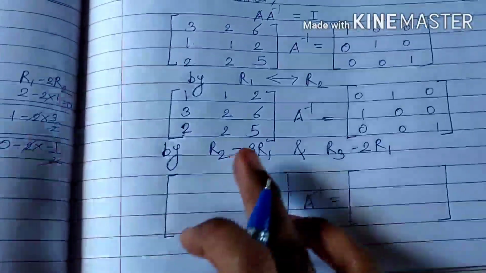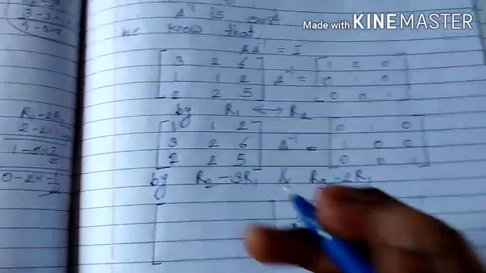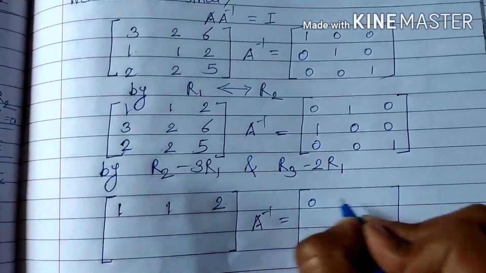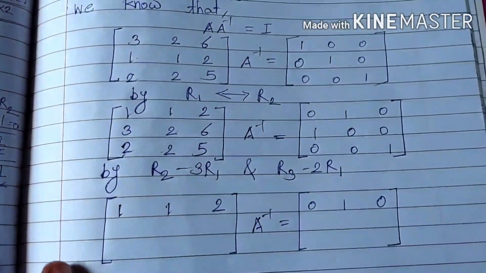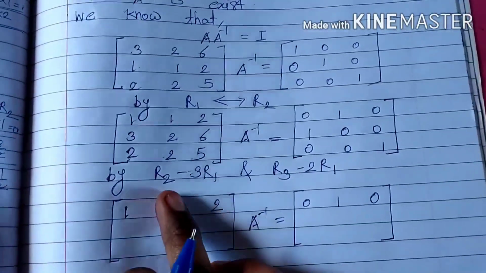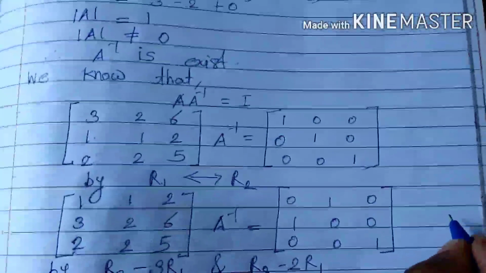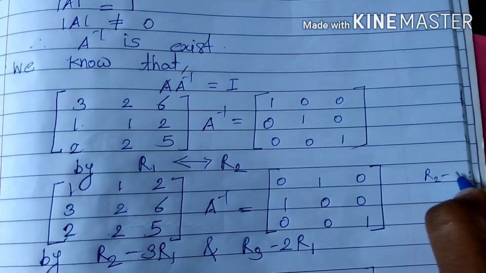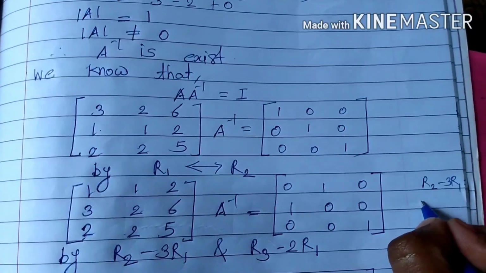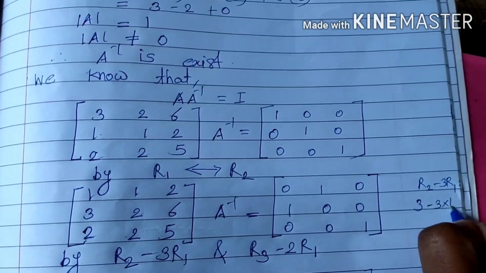Now here R1 is not changed, so write R1 as it is. Now you have to find R2 and R3. So R2 minus 3R1, this is rough work. What is the value of R2? 3 minus 3 into 1 is 0.